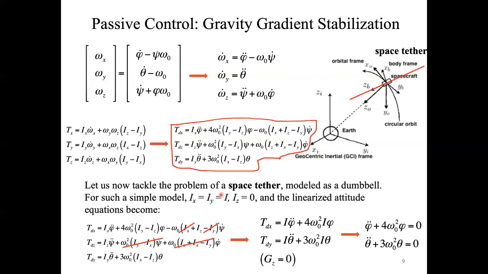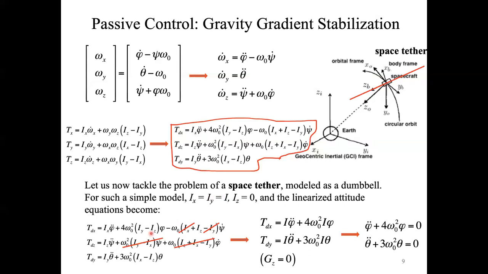Well, here we can have a first interesting result for the stability of an object that is orbiting around the Earth with only the effect of the gravity gradient.